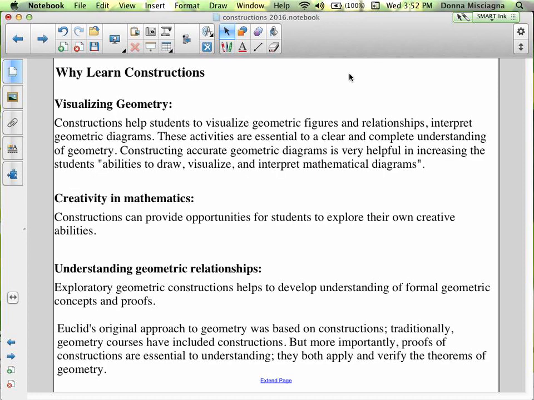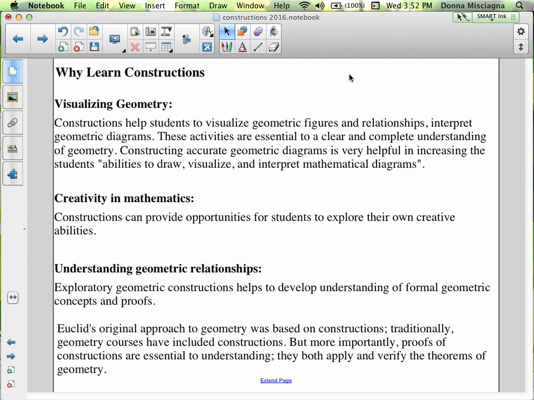So why learn constructions? First of all, visualizing geometry. Constructions help students to visualize geometric figures and relationships, interpret geometric designs, interpret geometric diagrams. These activities are essential to a clear and complete understanding of geometry.